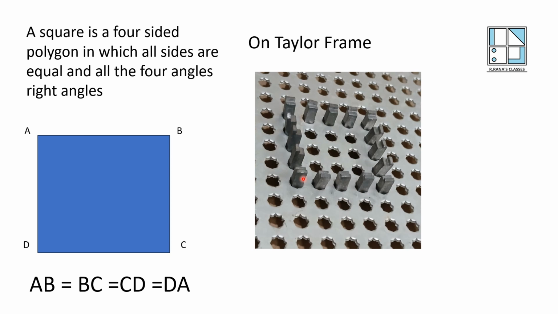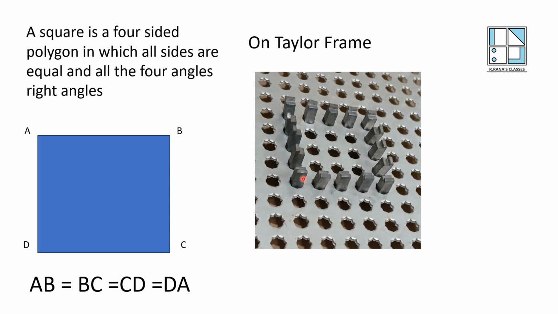So you can easily represent a square on a Taylor frame and make one touch and feel the lengths of the sides, and you can also say that these are equal.